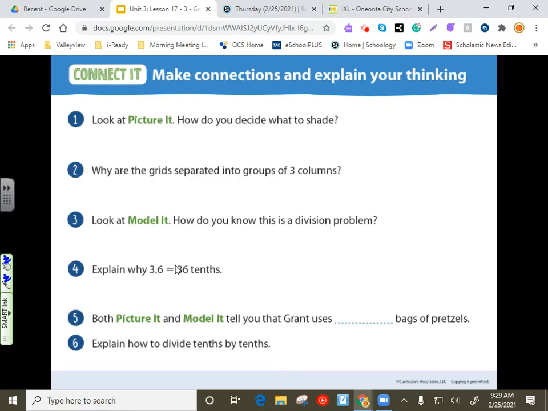So let's look at the notes. These are all on page 359. All right, look at Picture It. That's the one with the grids. How do you decide what to shade?